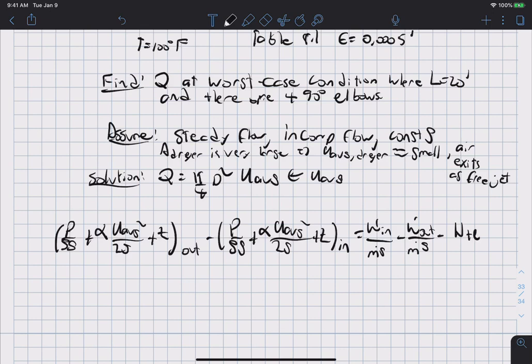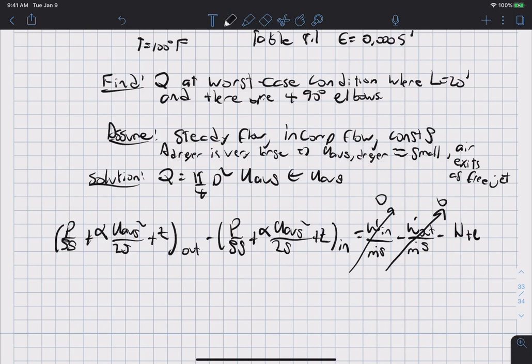We are approximating that the element driving the flow is not a pump or a fan of some sort, but pressure, so there's no work in and no turbine work out. We definitely are going to have head losses, so we need to include those.